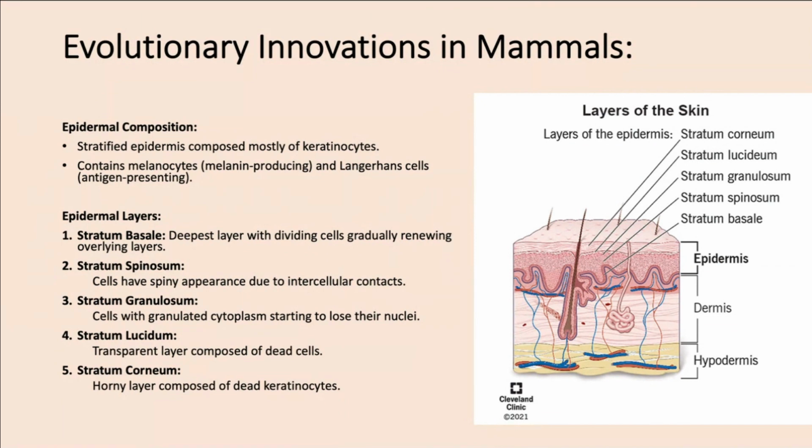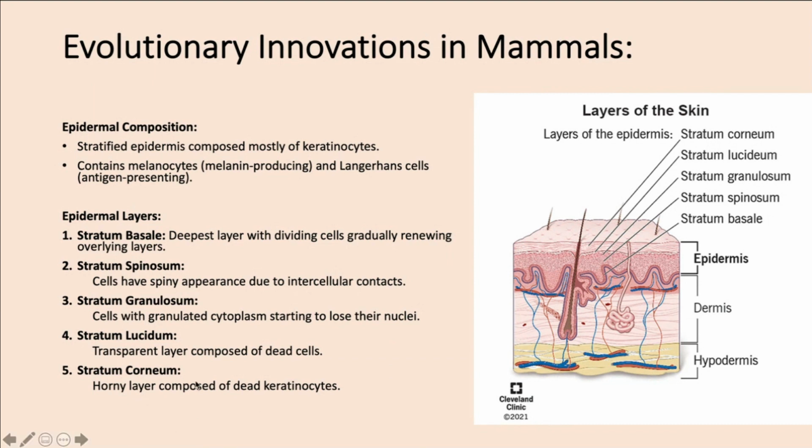Well, mammals have a stratified epidermis, meaning that they have lots of layers. These layers are the stratum corneum, which is the outermost layer, the stratum lucidum, stratum granulosum, stratum spinosum, and then stratum basale. And each of these has different roles.